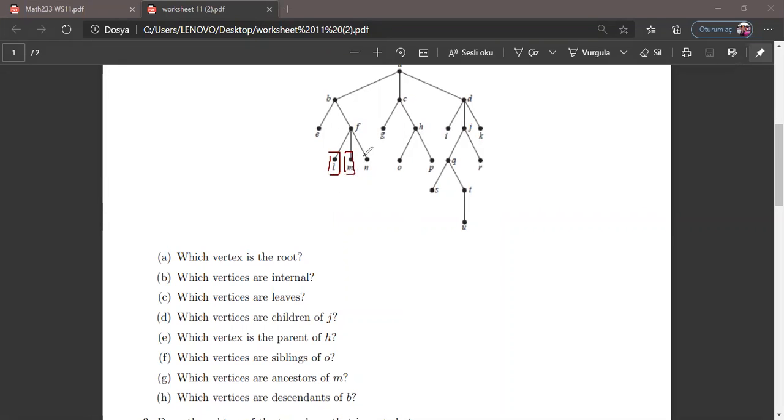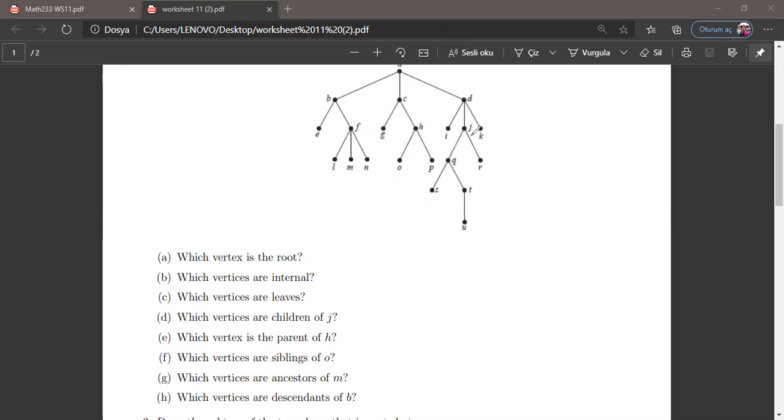L, M, and obviously E, G, O, P, I, R, K. G is not a leaf because R and Q, for example, are children of J. And finally S. Okay, these are leaves of the tree.